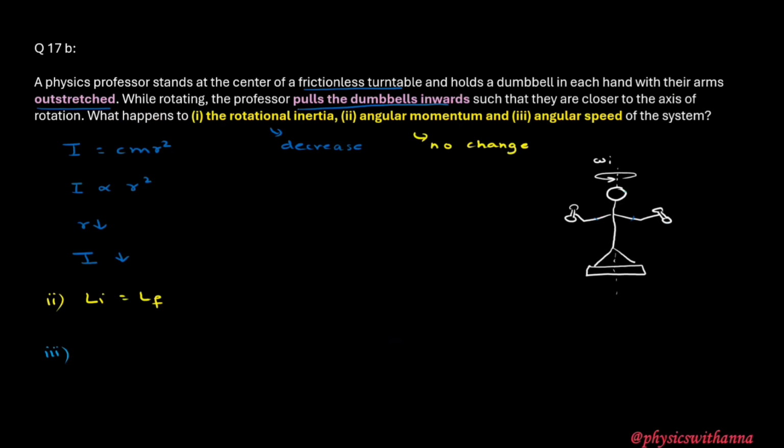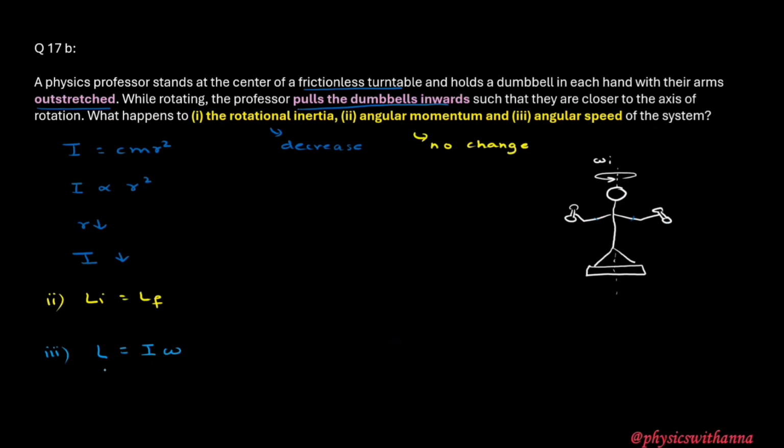In part 3, we have to discuss what happens to the angular speed of the system. Now we know that angular momentum is related to angular speed as L equals I times omega. For a system with no external torque acting on it, the angular momentum remains constant. Now when the professor brings the dumbbells close towards him, the value of moment of inertia decreases.